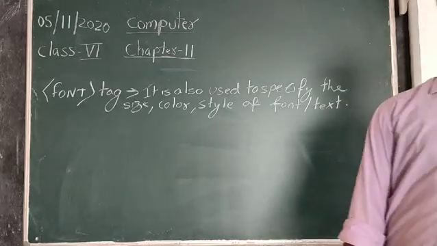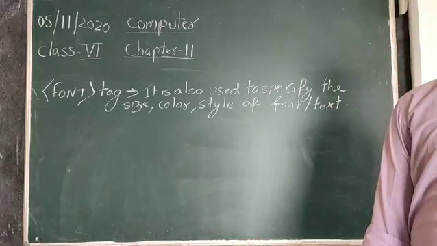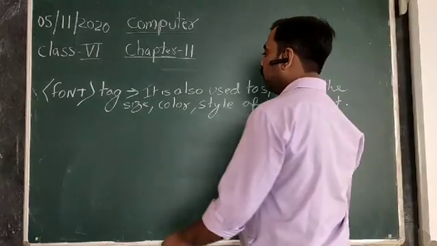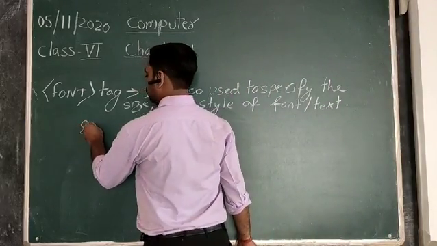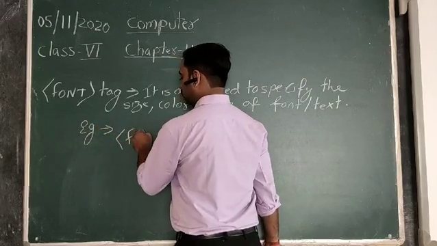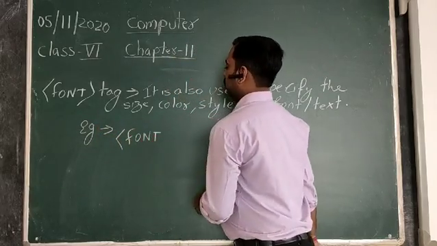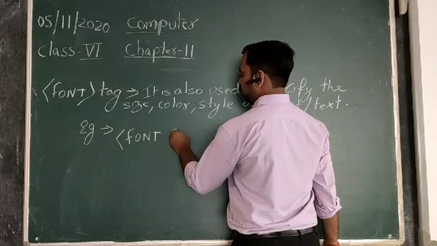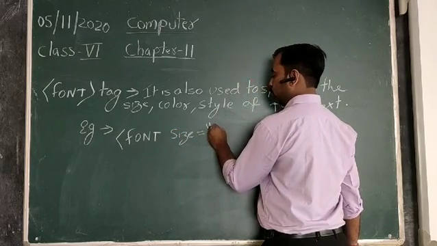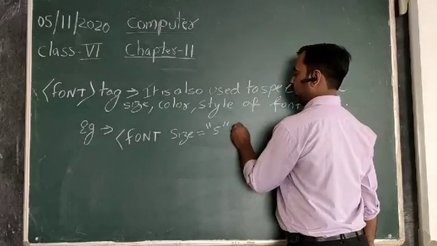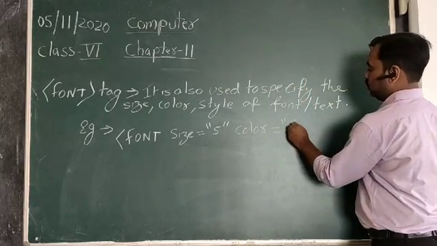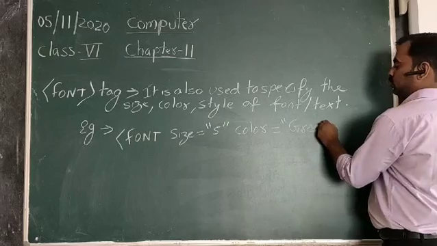Okay, now for the syntax or example of using the font tag, you can write font, then you can define size equal to, suppose 5, and color green.